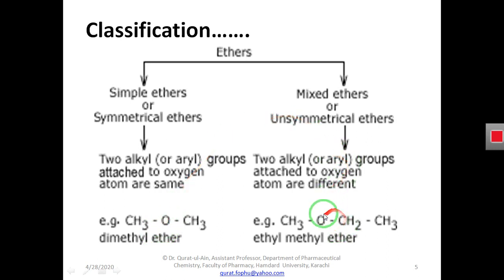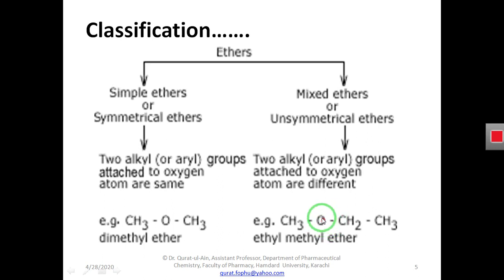But if the oxygen atom in the ether functional group is linked with two different alkyl or aryl groups, this molecule will be called an unsymmetrical ether.